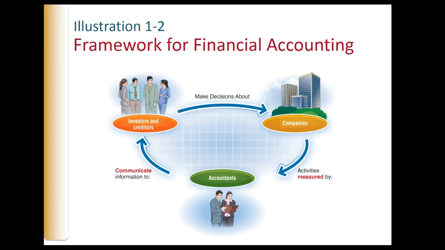The accountants put those activities into a specific format, and then from there, they communicate through financial statements that information to the investors or the individuals that utilize that information. This is the financial accounting framework.